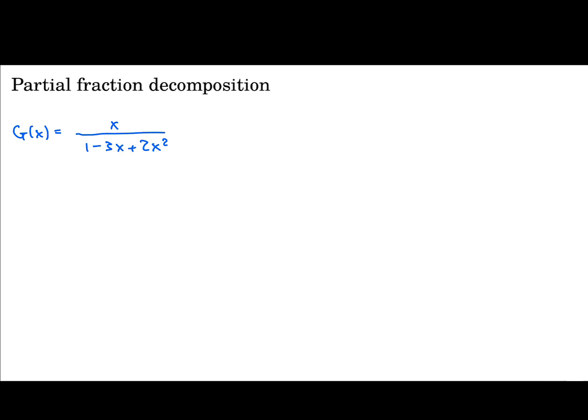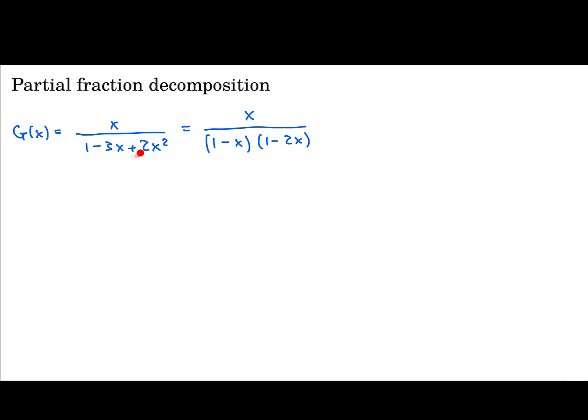And if you do that, either by finding its solutions or factoring or however you want, you'll be able to show that the bottom can be factored as 1 minus x times 1 minus 2x. So of course you could multiply this out and just check that you get exactly this.